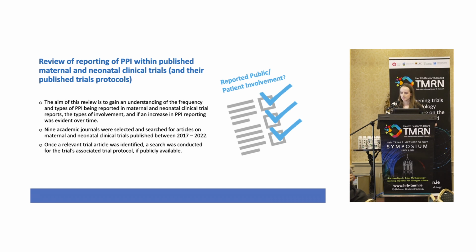So 9 academic journals were selected and screened for relevant trials that were published between 2017 and 2022. And once we identified a relevant trial, a search was conducted for the associated trial protocol if it was publicly available. And the aim of this was to gain an understanding of not only the frequency, but the types of involvement that were at least being reported.